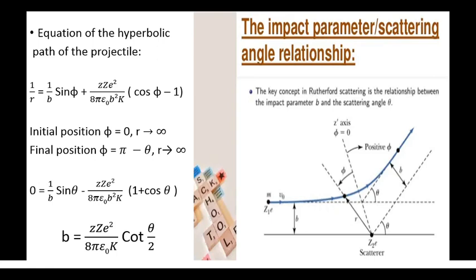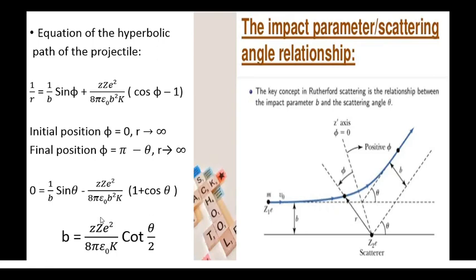So here smaller values of B will be scattered through larger angles. Or you can also write an equation for the scattering angle from here also. So from here you can write an equation for theta. So whenever B is smaller, theta will be greater. So that is what I had said earlier. For lower values of B, deflection will be greater and vice versa.